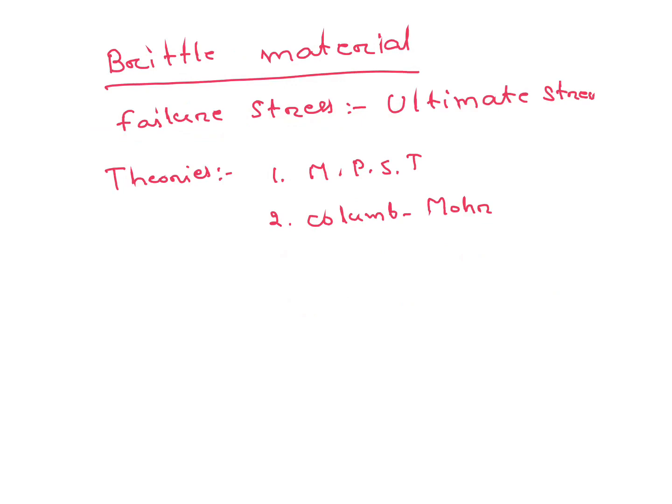For brittle materials, failure stress is ultimate stress, and the applicable theories are maximum principal stress theory or maximum normal stress theory and Coulomb-Mohr theory. List 1 and list 2 matching, they will ask this type of question. One side brittle material, ductile material, and the failure theories in list 2. You have to match list 1 and list 2.